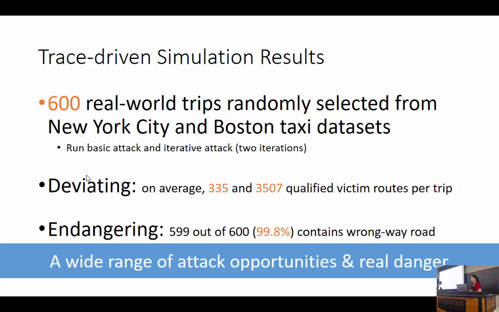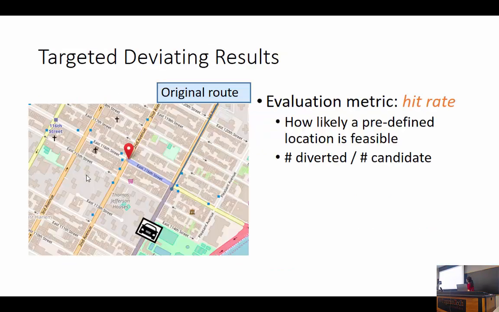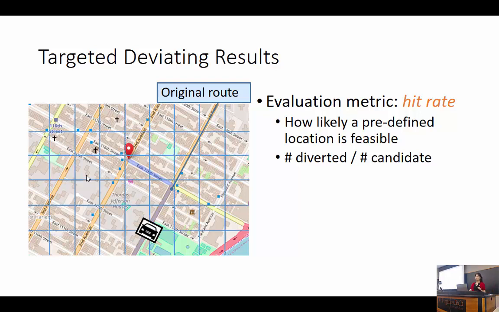And if the attacker has a specific target location where they want to divert the victims to ambush them, we also evaluate the possibility of that. Here is the metric we use. We call it hit rate. This is how we define hit rate. Assuming the driver's original location is here and he plans to reach his original destination here, we divide this geographic area map into grids, and then we define a sweeping radius centered at the driver's location.